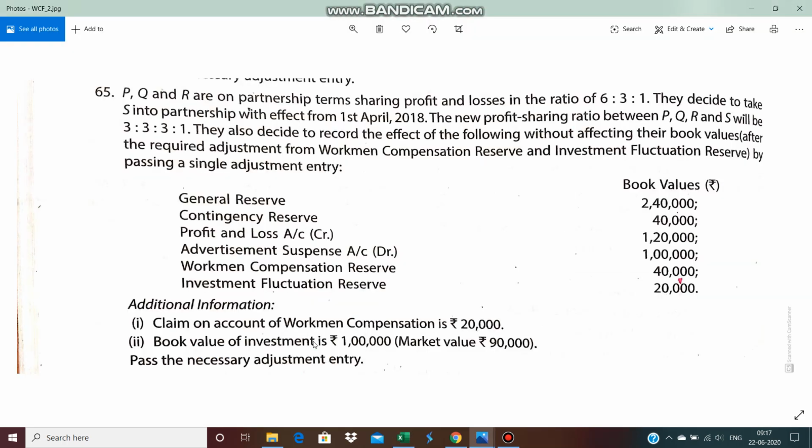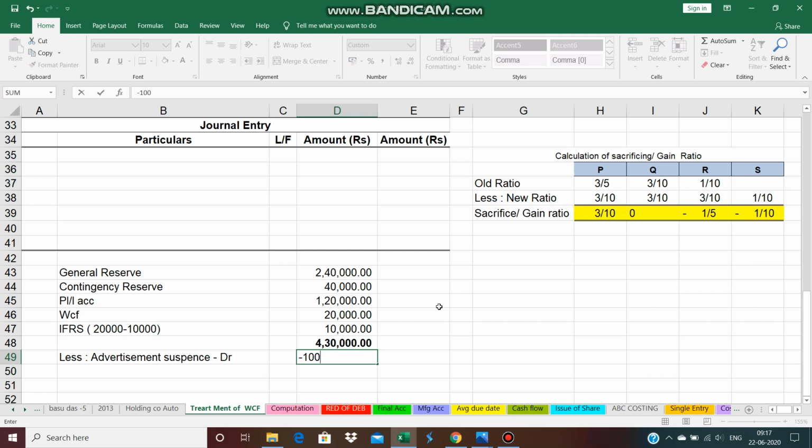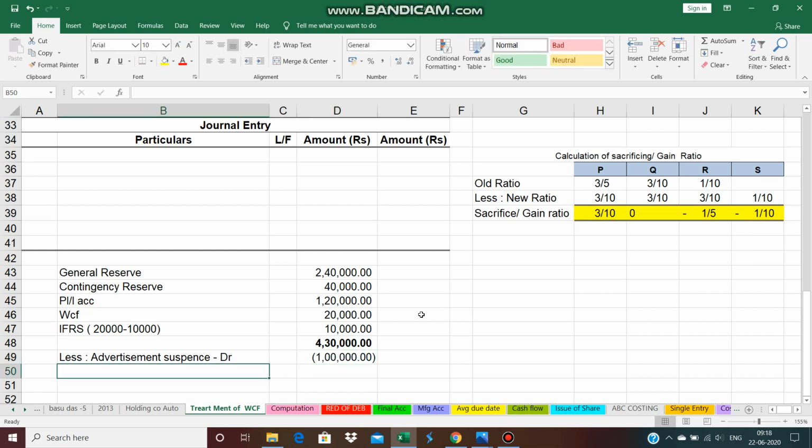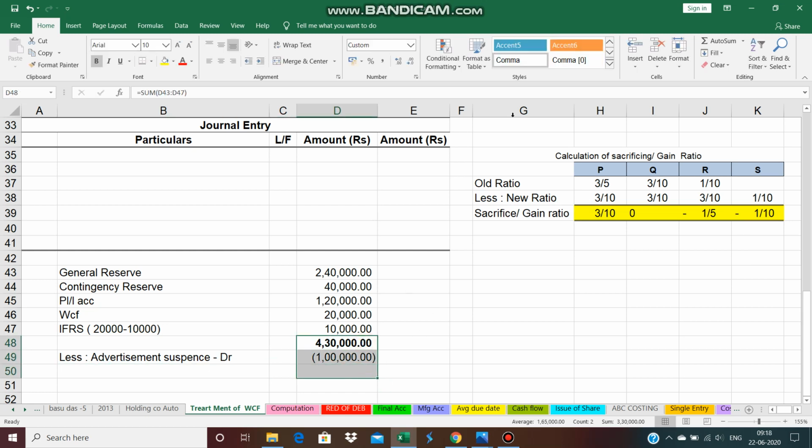So how much will it be? The advertisement suspense, see, there is 1 lakh. So 1 lakh you have to less over here. So the final amount is 3,30,000. Clear? So this is the single amount or consolidated amount, you can say, after all adjustment, 3,30,000. So that 3,30,000 has to be adjusted among the partners.